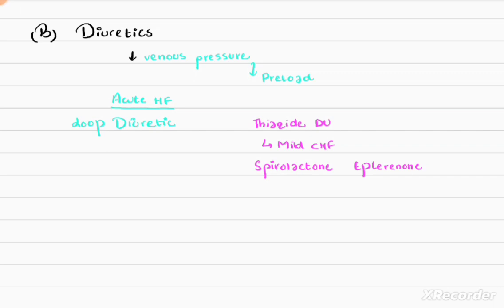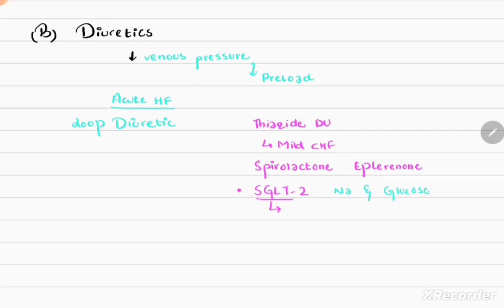There is also a class known as SGLT2 inhibitors. SGLT2 is a transporter present in the cell membrane of the nephrons, and it mediates the reabsorption of sodium and glucose.